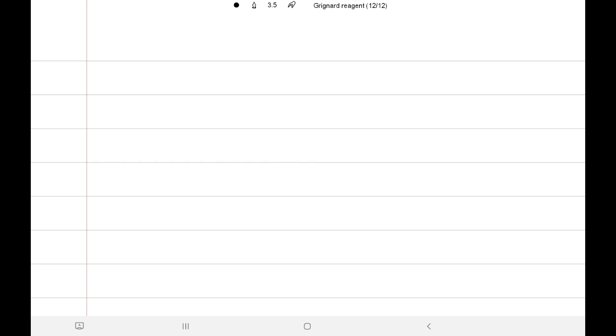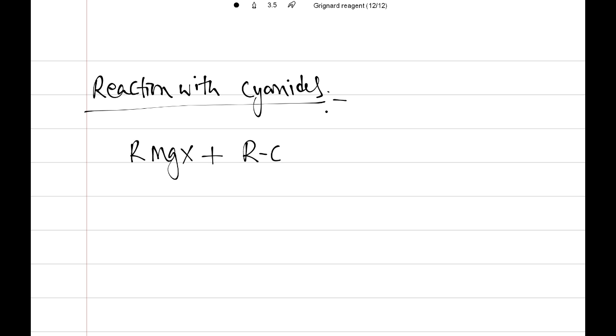One more thing, when Grignard reagent reacts with cyanides, reaction with cyanides. As we discussed earlier, RMgX reacts with alkyl cyanides.